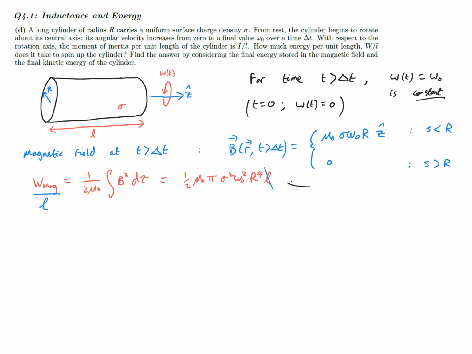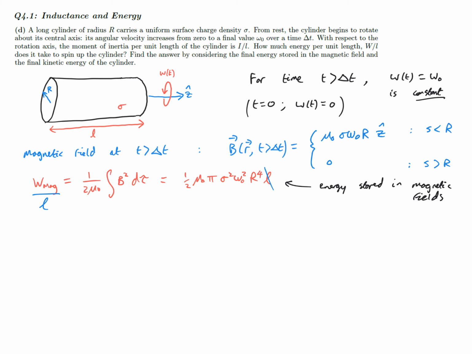And what I've written here is the energy stored in the magnetic fields. That's the total energy stored in the magnetic field, because there's zero magnetic field outside of the solenoid.